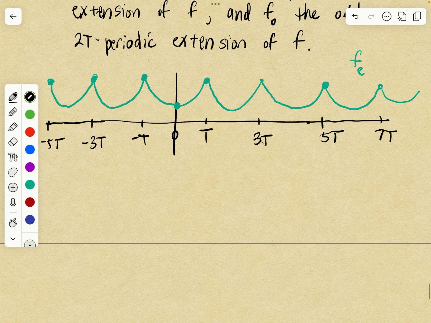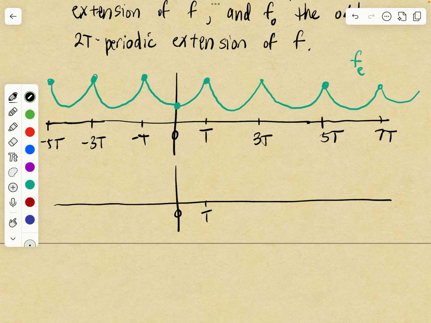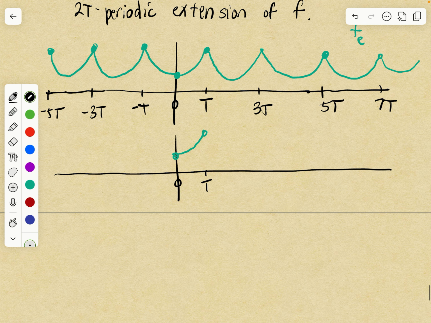Okay, what about the odd extension? We are back to where we were before. From 0 to t, you have this piece of a parabola. And to make it odd, from negative t to 0, we rotate it by 180 degrees. That's going to make it look like this.